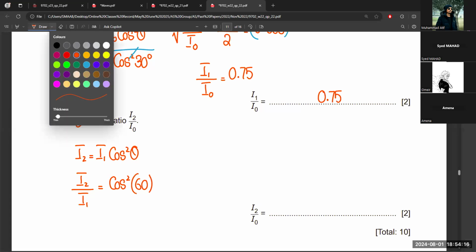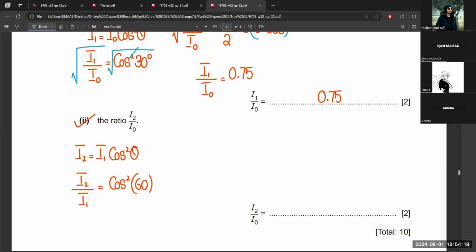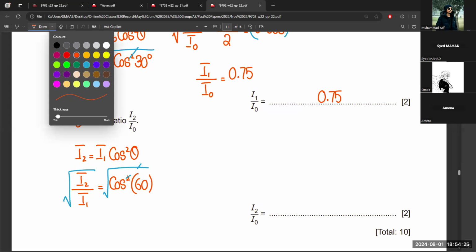Again, we will solve the same way. We have to cancel out the square. Cos 60 is 0.5.